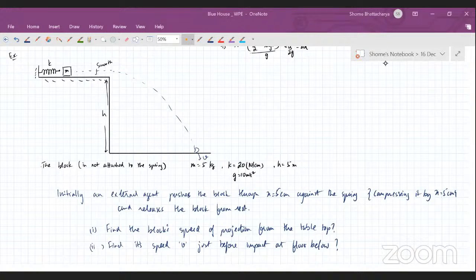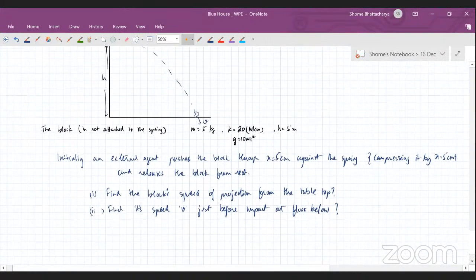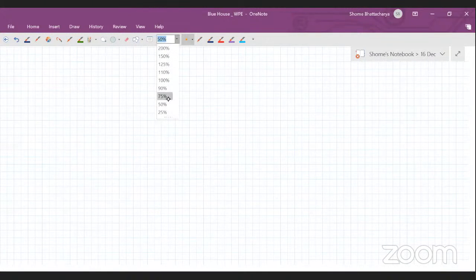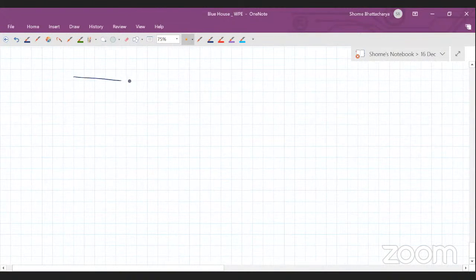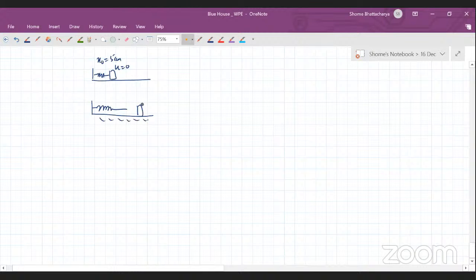Okay, so let's look at the solution of this. So see, first part, what we can do is we can see that the system is going from a state of compression of the spring, where x naught is 5 centimeters and u is 0, to a state where the block loses contact with the spring and goes to this.